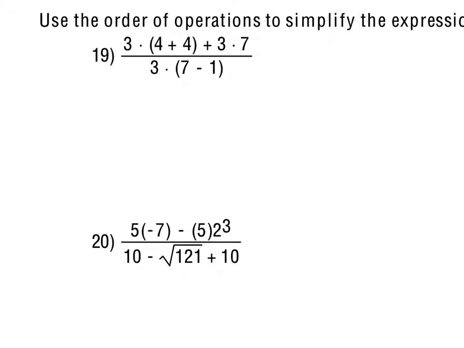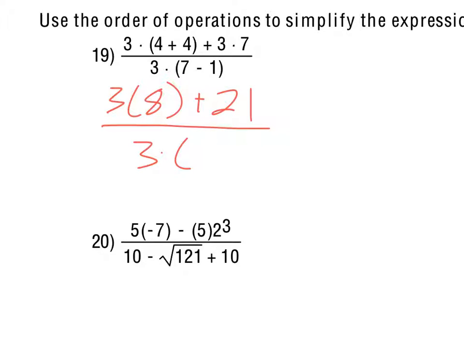Number 19, we have to simplify that. Let's see, in the numerator we would add the 4 and the 4 together first. So we'd have 3 times 8, plus I can go ahead and multiply the 3 and 7 together, get 21. And then in the denominator I get 3 times 6 because I do the 7 minus 1. In the numerator, I would multiply the 3 and the 8 together and get 24, plus 21.